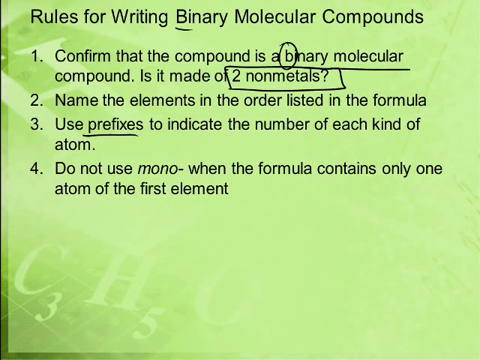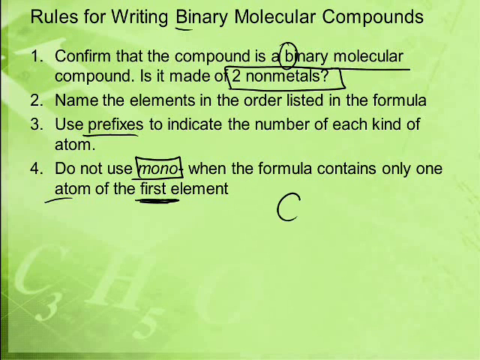Use prefixes to indicate the number of each kind of atom. If you have C2O, you're going to say dicarbon monoxide. You do not use mono when the formula contains only one atom of the first element.